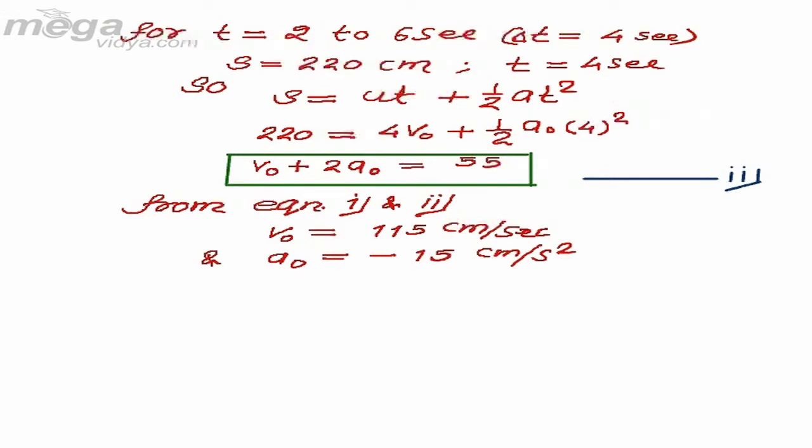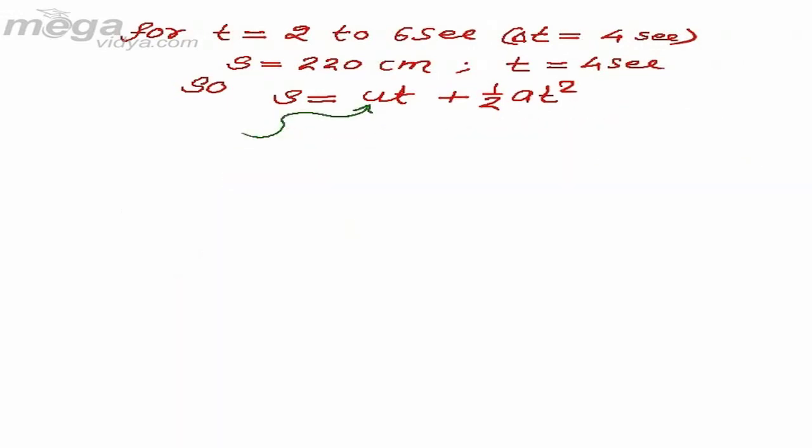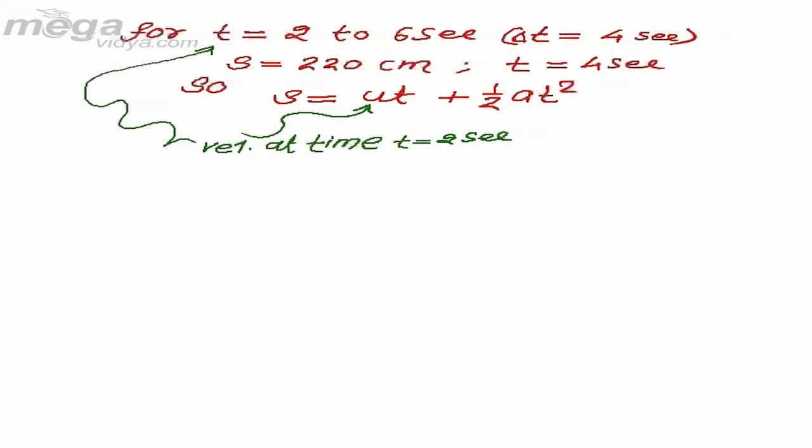Now if we use another equation, remember here the initial velocity u is basically the velocity at time t equal to 2 seconds, because t equal to 2 seconds is our starting time for this second event. So we will use this u to be v naught plus twice a naught.